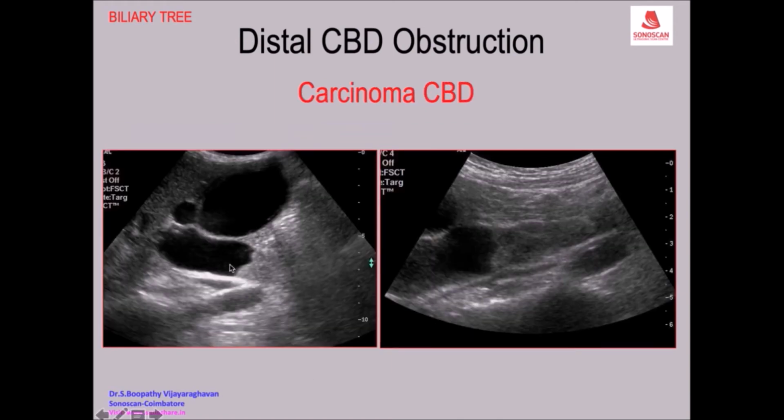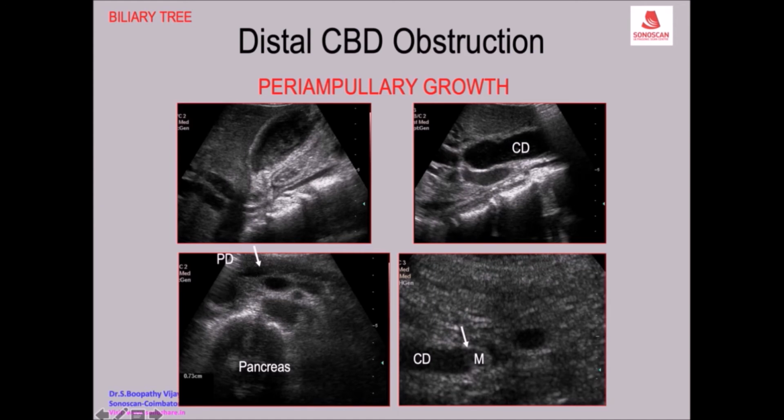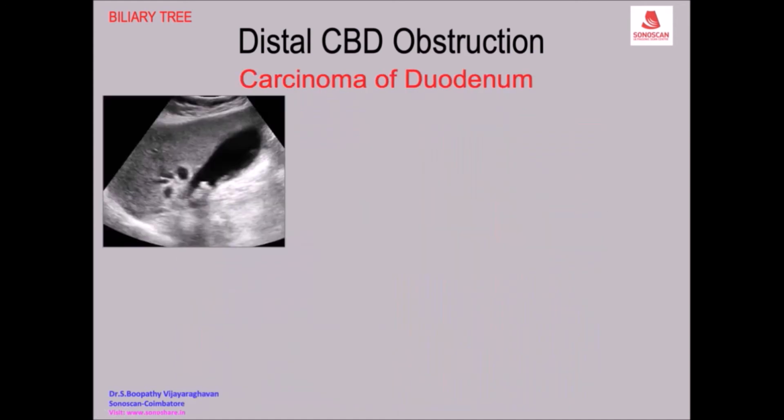Now, here you see a dilated gallbladder, dilated common duct, and a mass in the distal part of the common duct, what is called the shouldering growth, a very small periampullary growth producing obstructive jaundice.